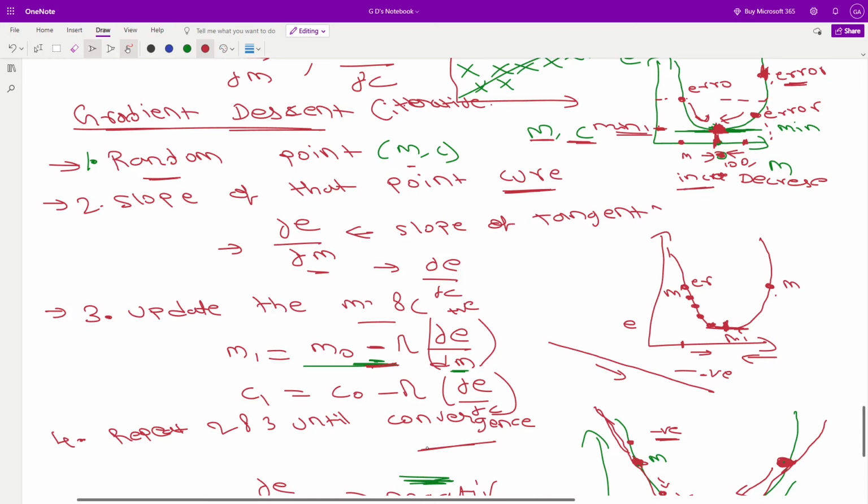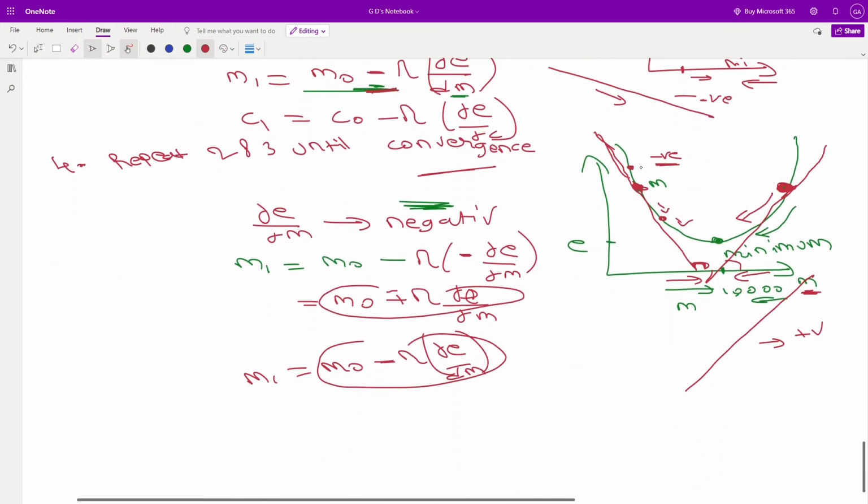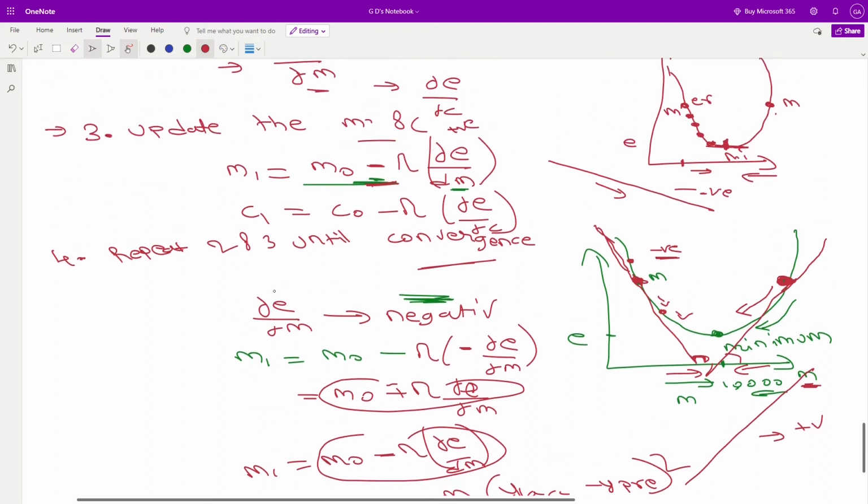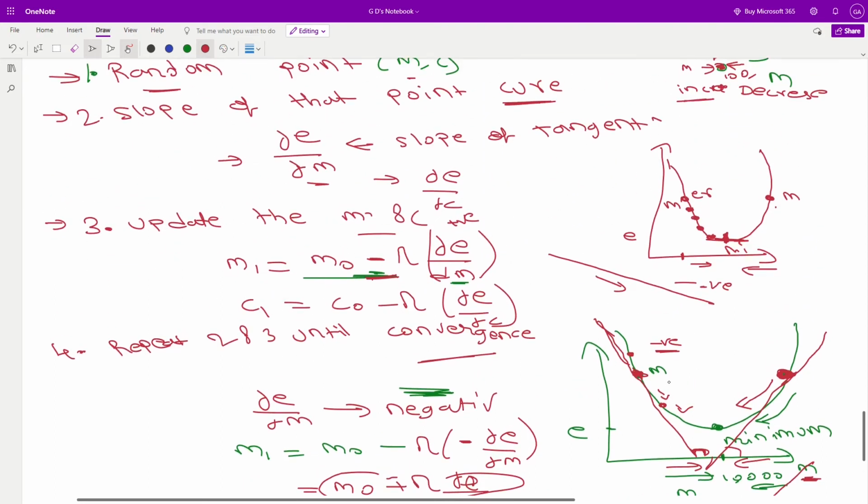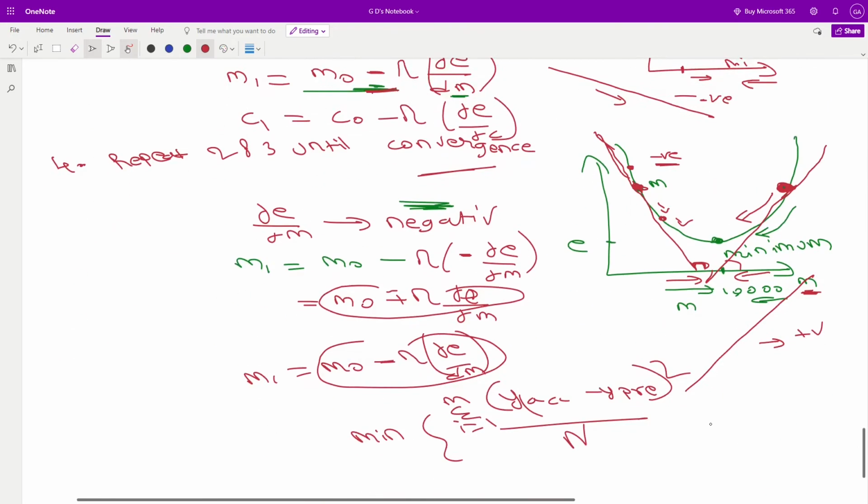In order to minimize this particular MSE equation, that is the sum for i equals 1 to m of (y actual minus y pred) whole square divided by n, you apply these steps, updating the m and c values and finally reaching the best m and c values.